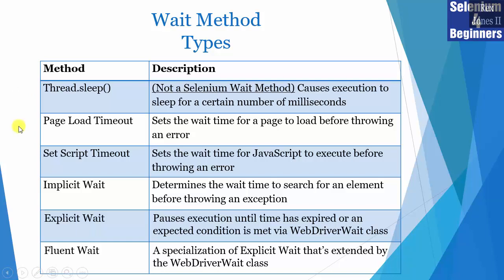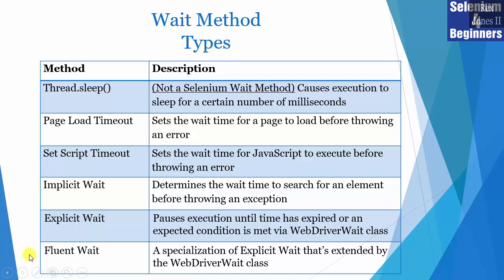Page load timeout sets the wait time for a page to load. Set script timeout sets the wait time for JavaScript to execute. Implicit wait determines the wait time to search for an element. Explicit wait pauses execution until a time has expired or an expected condition is met.